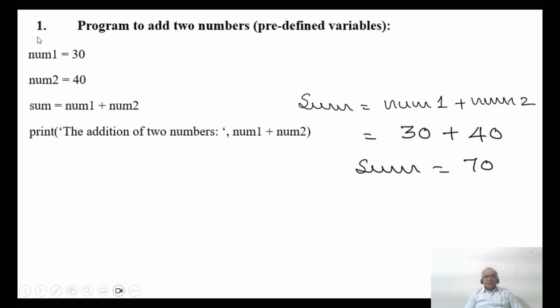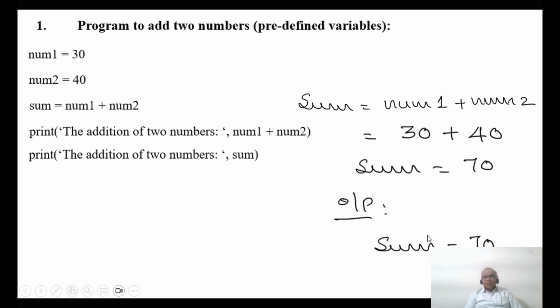The num1 will take 30 and num2 will take 40. This is because it is a predefined variable, so we are able to take it. Of course, even if it is a user-defined variable, you can do that. Similarly, with the addition of two numbers, colon, these are the two ways in which I can write the output statement in this particular program.